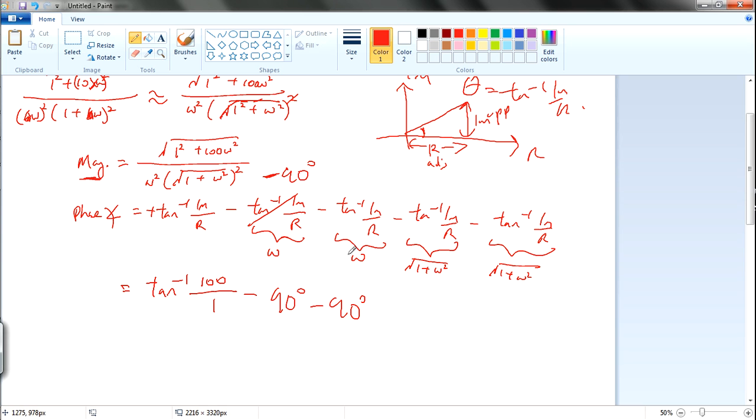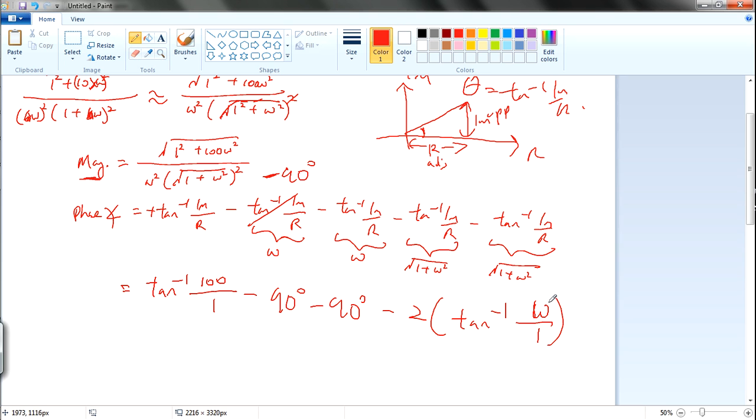So this is omega. These two things contribute to this omega square, and these two things contribute to this square. And then, because they are the same, I can sum it up: 2 times tangent negative, and since the magnitude is 1, maybe I should put it in terms of omega.